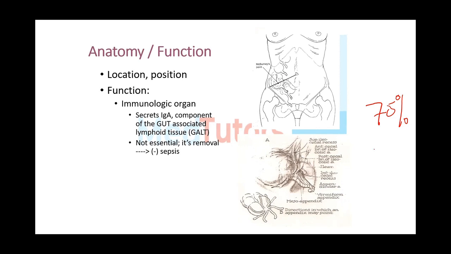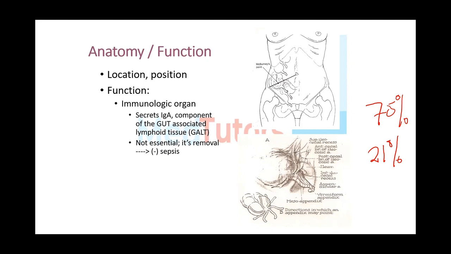Then about 21% is pelvic appendix. So you should know that the majority of appendix are retrocecal in position, and this actually determines the way they present. Now, we also know that the appendix, before, was considered an organ that doesn't have any function.